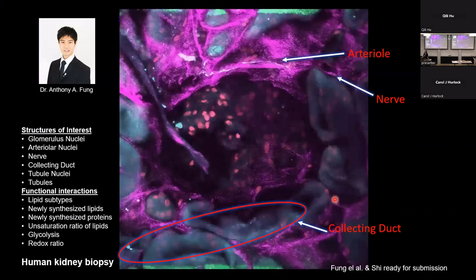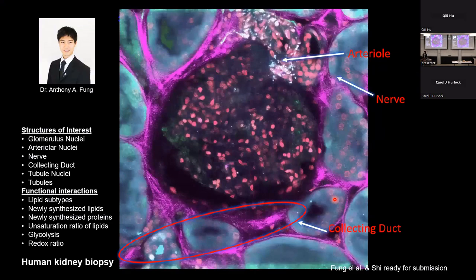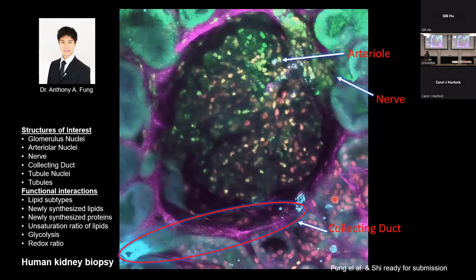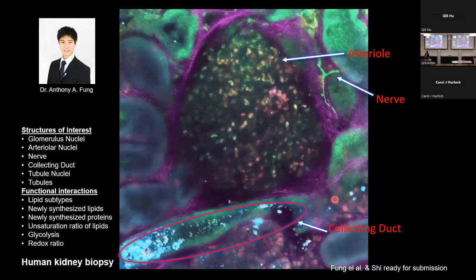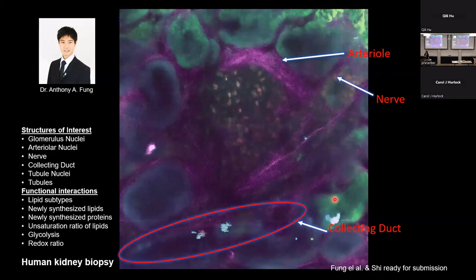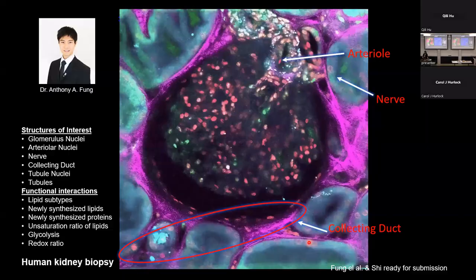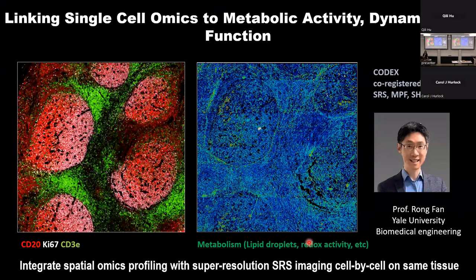SRS can be quantitative: you have the intensity for each pixel, and it has a linear relationship to the concentration of that chemical bond. So that can be really quantitative for analysis, layer by layer. This can be linked to spatial omics.